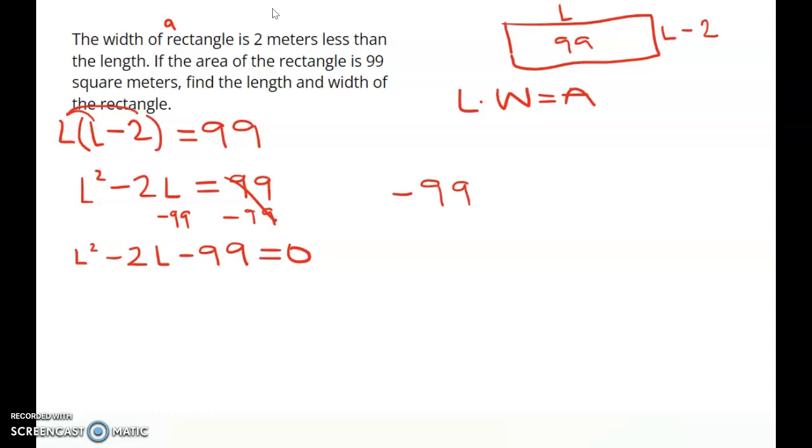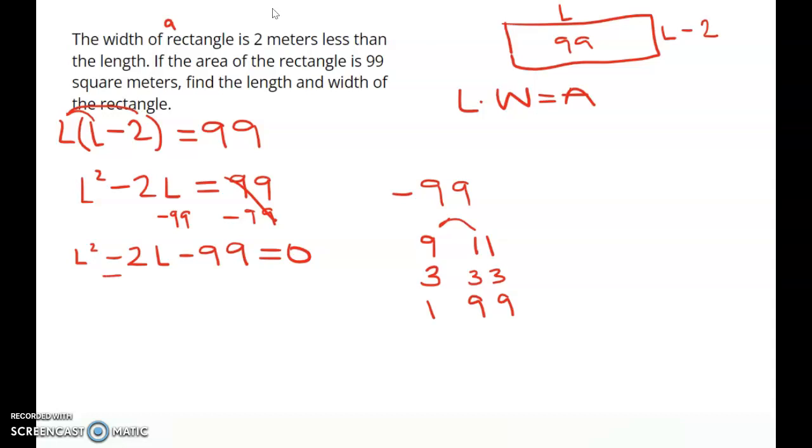The first factor I can think of is 9 and 11. That one's just the obvious one to me. We could go 3 and 33, and I think that's going to be it, or 1 and 99. But one has to be negative, one has to be positive because they have to multiply to be a negative 99.